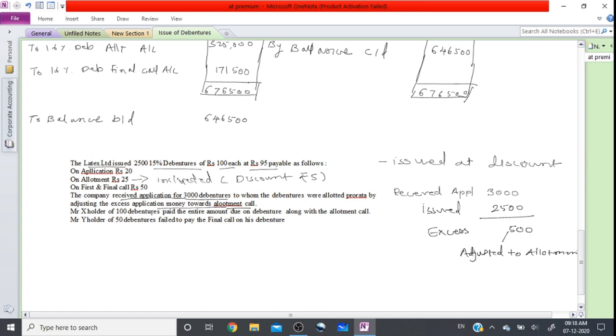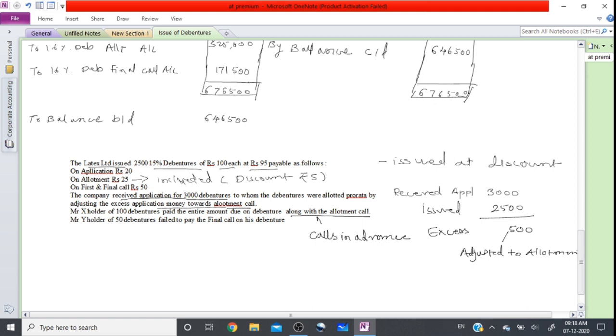Mr. X, holder of 100 debentures, paid the entire amount due on debenture along with the allotment call. Okay, so here what it indicates? It indicates calls in advance, right? So Mr. X paid the entire amount on his holding of debenture with allotment.